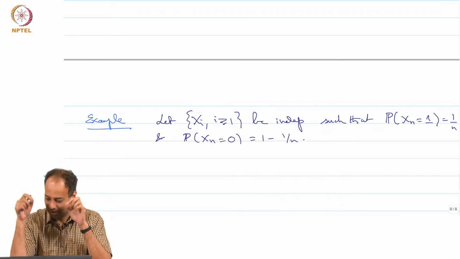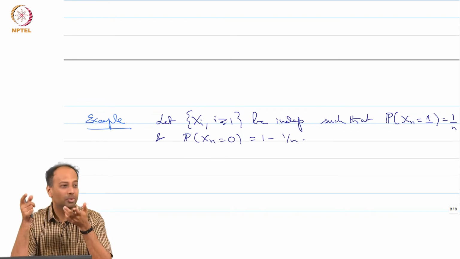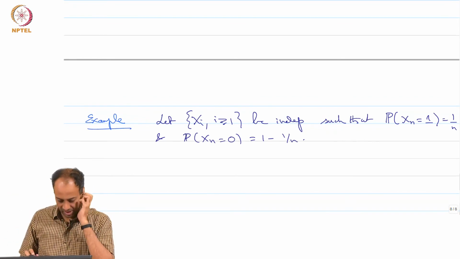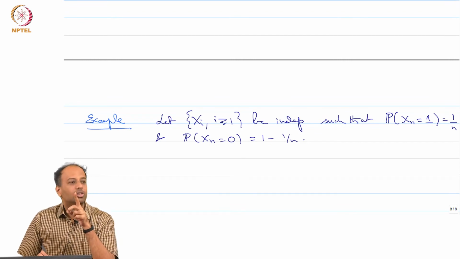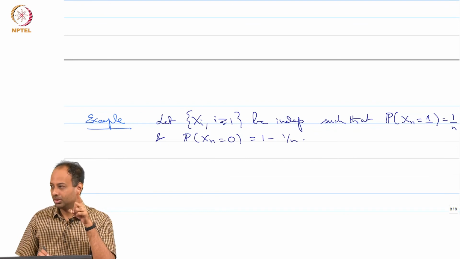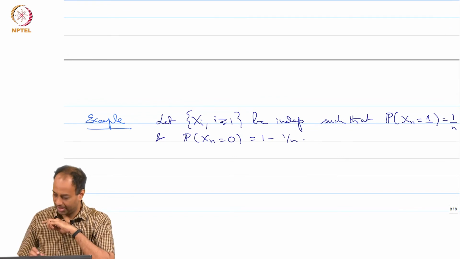The millionth random variable will be 1 with probability 10 power minus 6 and 0 with probability 1 minus 10 power minus 6. So here X_n converges to 0 in probability, but you can argue that X_n does not converge to 0 almost surely.